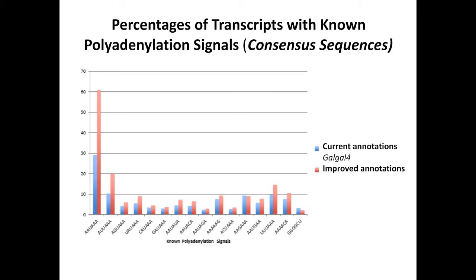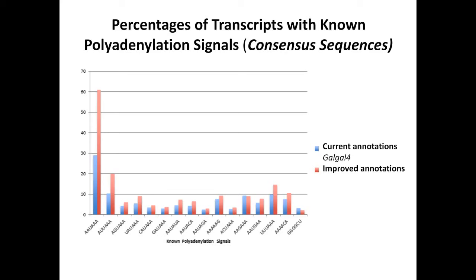These are typical polyadenylation signals, which are called consensus sequences. The first one is the most frequent one in mammals and also in birds, as we can see here. In chickens also, this is the most abundant polyadenylation signal.